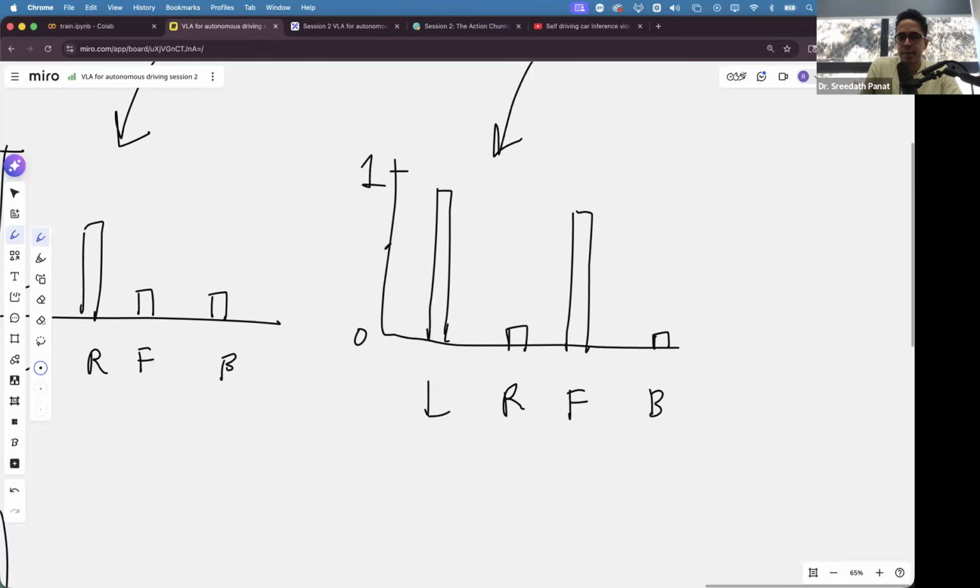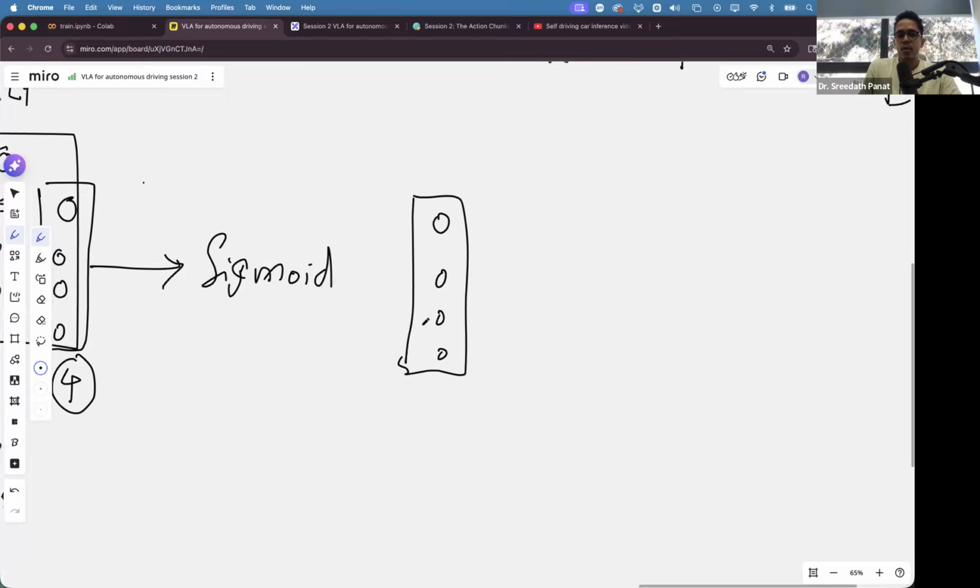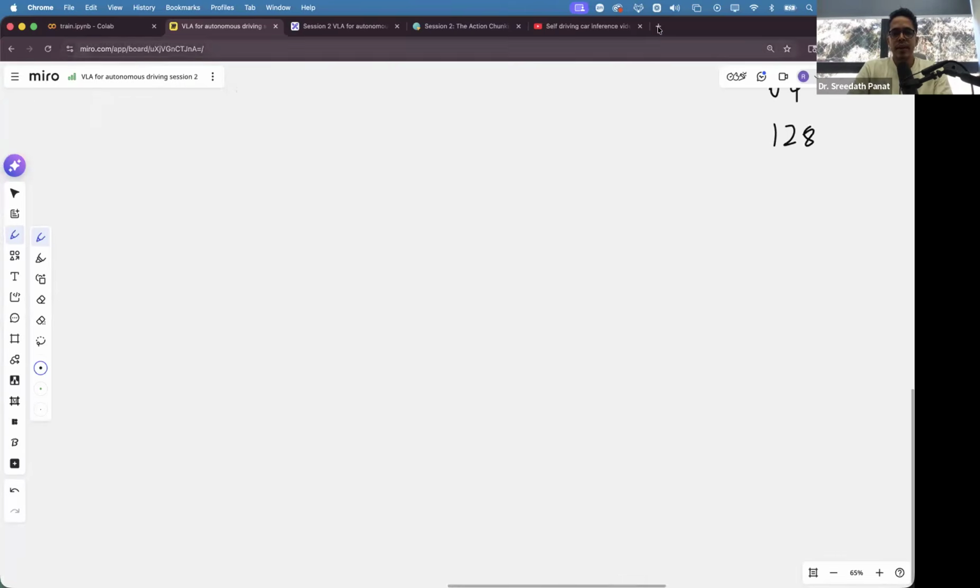So here, if 50% is the threshold, let's say this is 0.5, the binary decision is in deciding, okay, this is the sigmoid corresponding to left. Is it greater than 0.5 or less than 0.5? If it is less than 0.5, maybe you will say, actually, left action is not there. So this is where binary is coming. Binary is not coming in picking either one of these, okay? It's coming in picking within the action, whether it's a high probability action or low probability action.